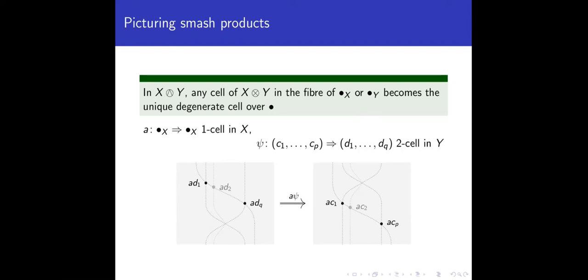But somehow you see that there is this Gray tensor product, the symmetric version of the Gray tensor product of two categories, which gives you, okay, a three-category, I think.